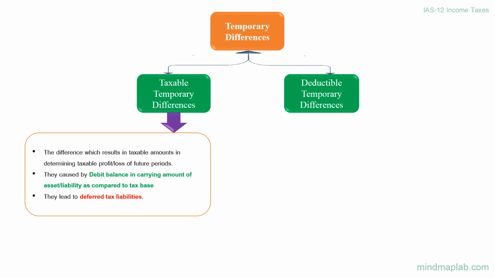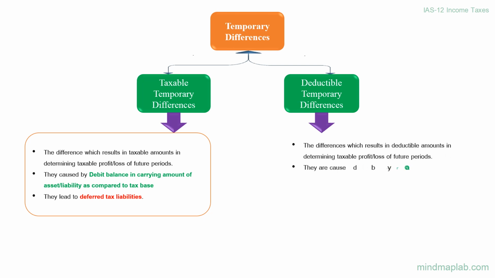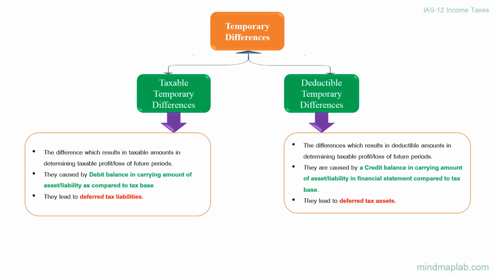They lead to deferred tax liabilities. Deductible temporary differences are differences which result in deductible amounts in determining taxable profit or loss of future periods. They are caused by a credit balance in the carrying amount of an asset or liability in the financial statements compared to the tax base. They lead to deferred tax assets.